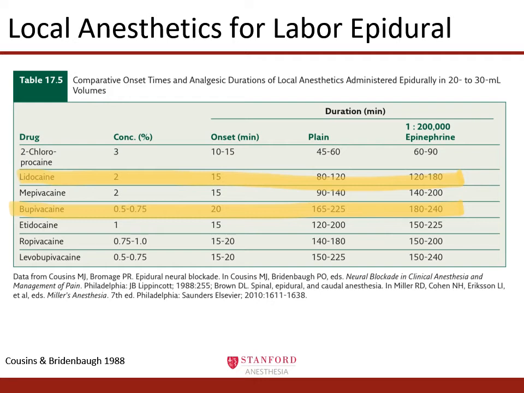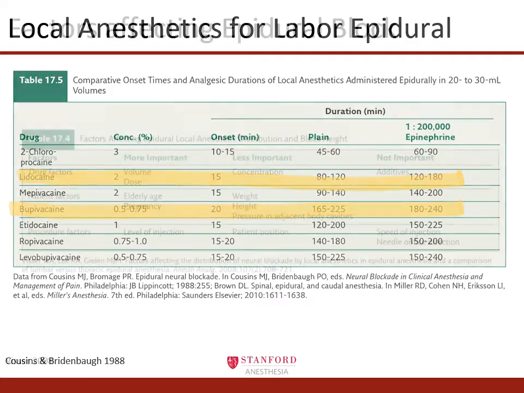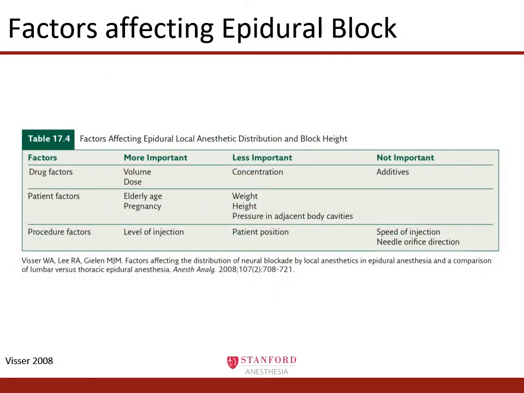These other local anesthetics in this table can be looked at for reference if you have access to these locals in your hospital. Factors that affect the height of the epidural block and the spread over multiple dermatomal levels has been a hot topic of study.